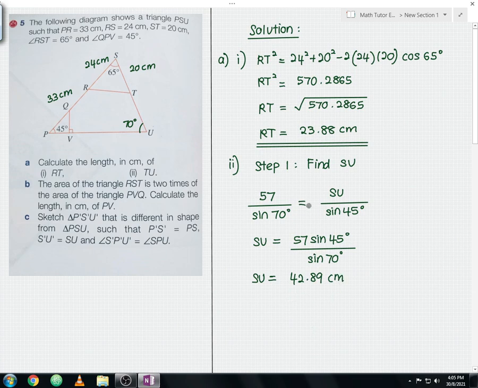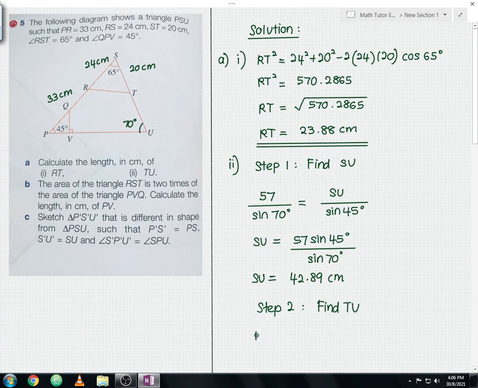Once you find the length SU, the next step will be finding the length TU. How to find the length TU? It is very simple, guys. Length SU minus length ST. Let me write the working here. Step 2, find TU.